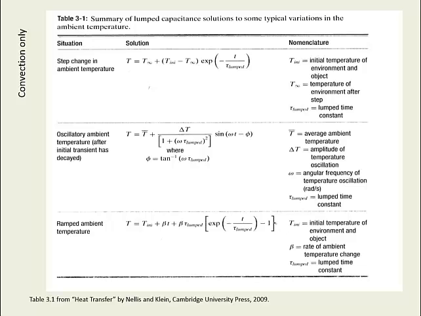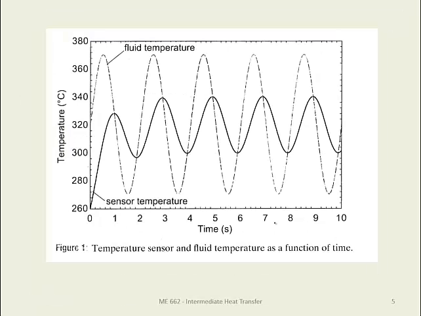So if we look at the convection-only case, and I have put a slide up that has some of the equations, and we want to talk about this top case first. And I'm just going to a blank slide for a minute.